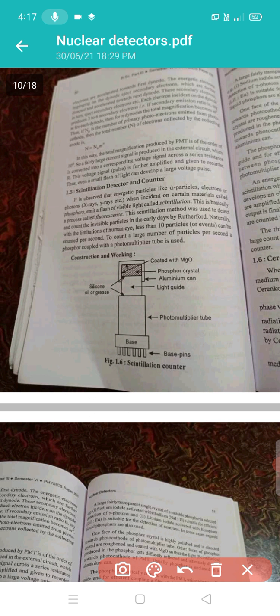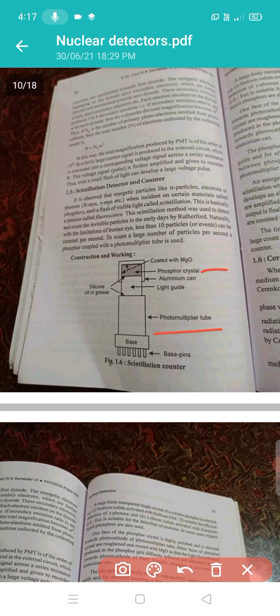See here the phosphor crystal is denoted. The other faces of the phosphor crystal are rough and coated with MgO.